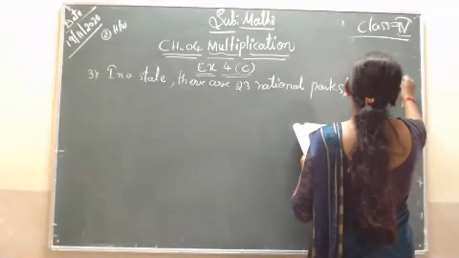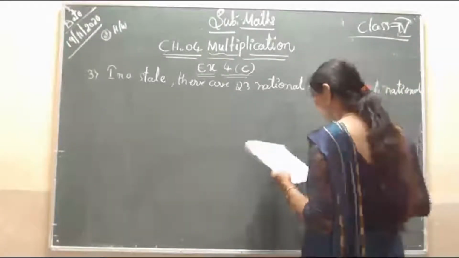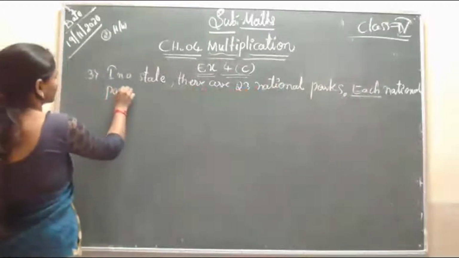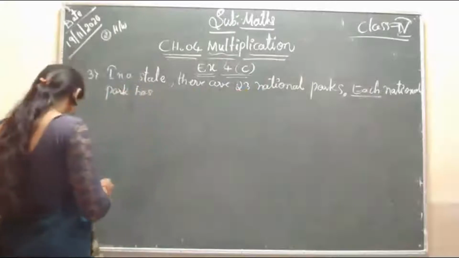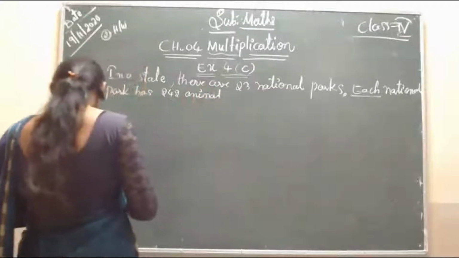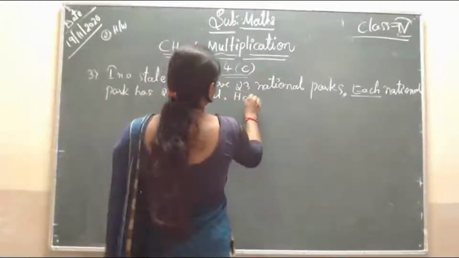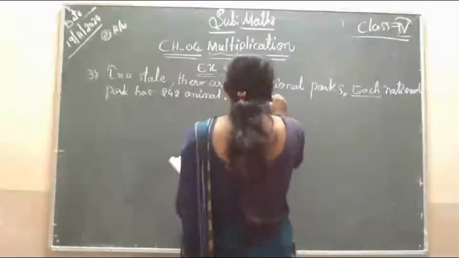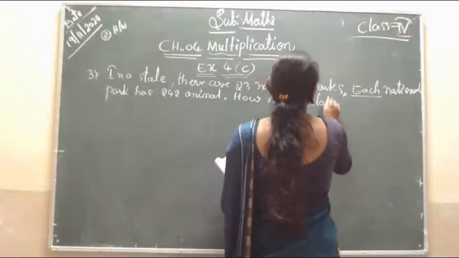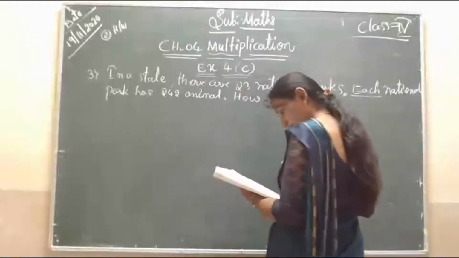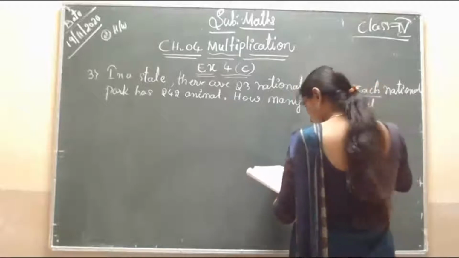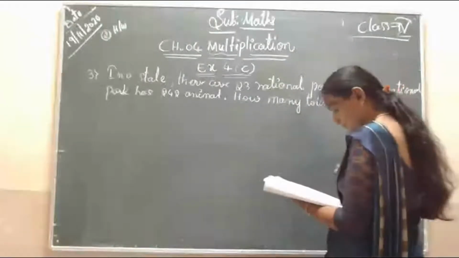Each national park has 242 animals. How many total animals are there?